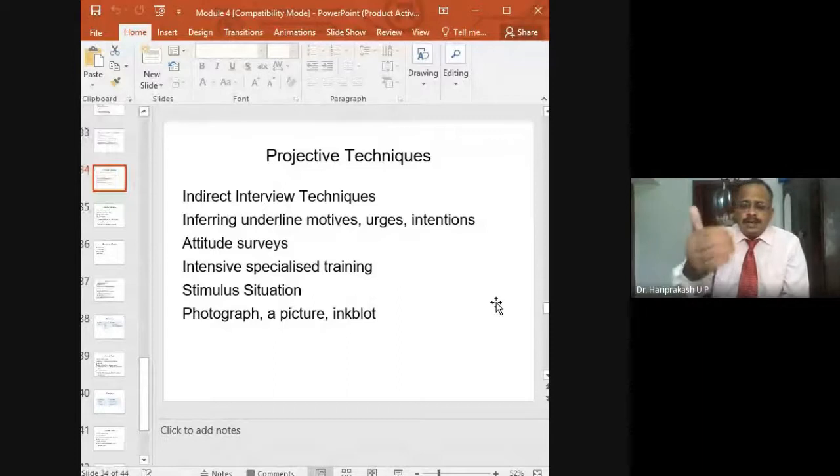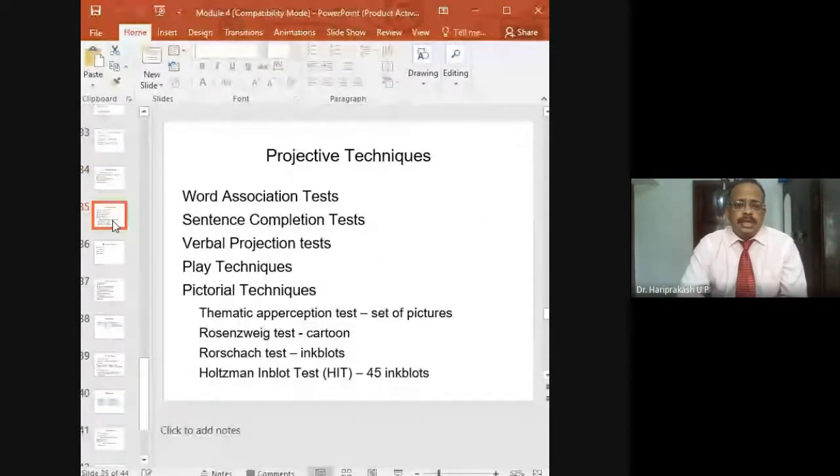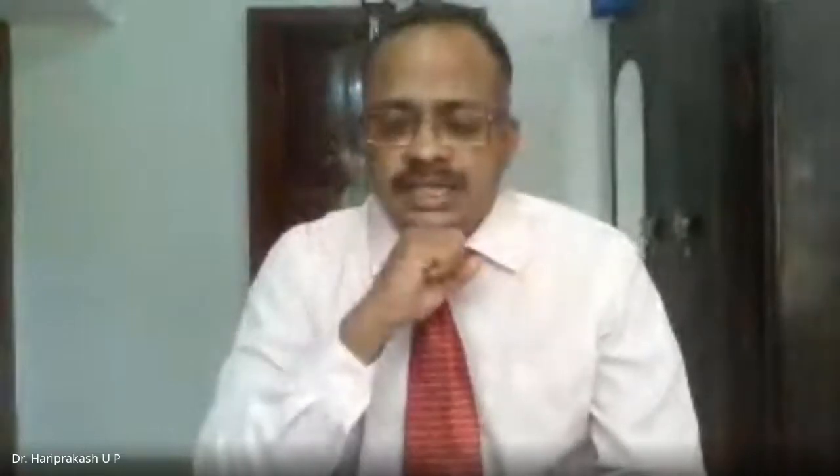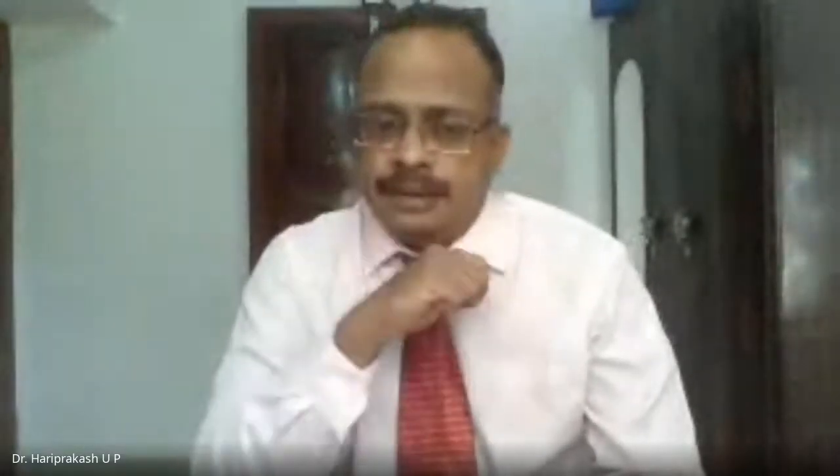There are different types of projective techniques. Say, the word association test. It is one projective technique where a word is given and the respondents are asked, what do you understand by this word?